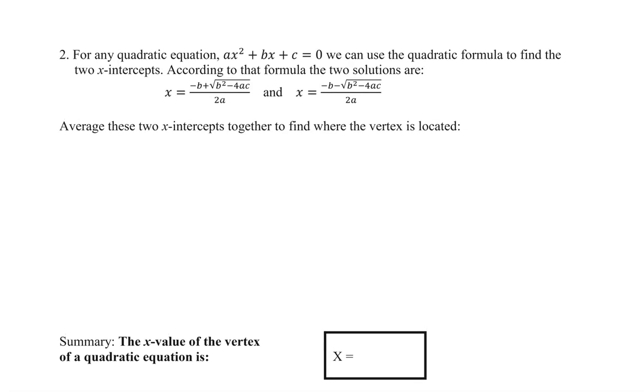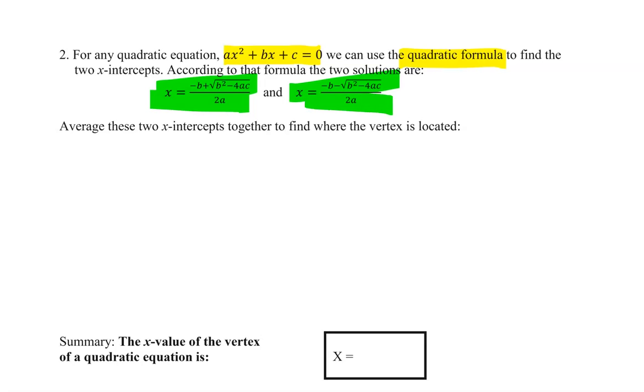Alright, next number. For any quadratic equation ax squared plus bx plus c equal to 0, we can use the quadratic formula to find the two x-intercepts. According to that formula, the two solutions are negative b plus square root of b squared minus 4ac over 2a, and negative b minus square root of b squared minus 4ac over 2a.